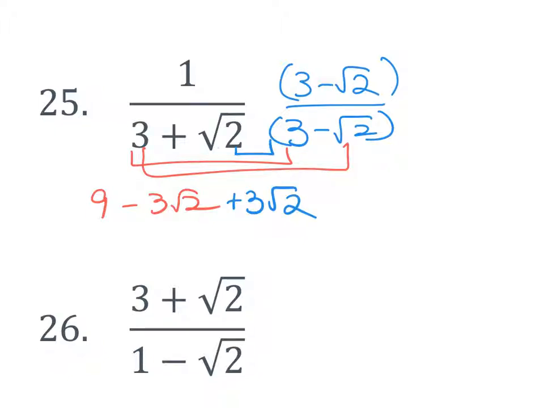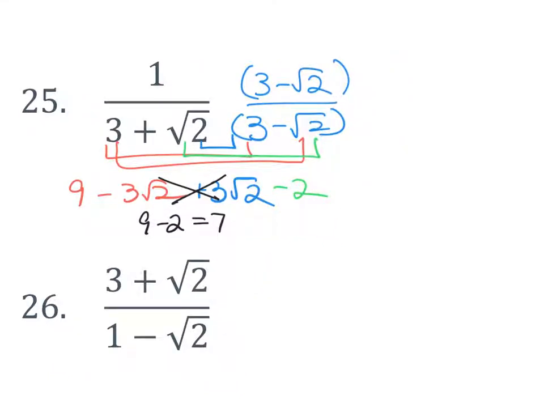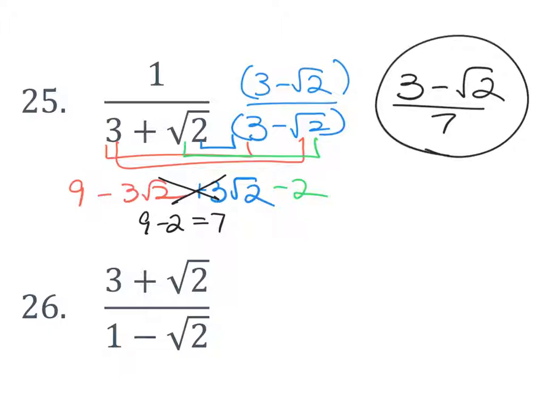And last is going to be minus square root 2 times square root 2, it's just going to be minus 2. Now, notice the middle cancels. So I'm only left with 9 minus 2, which is 7. For the numerator, 1 times anything is itself. So 3 minus square root 2 over 7. And you're done.